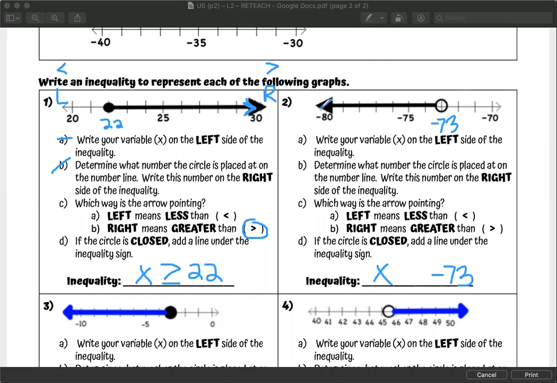So our arrow is right here. Remember, left means less, right means greater than. So our inequality symbol is on the left, it is less than. Then last, so we did A, we did B, we did C. Is it closed? Nope. So we're going to leave it as just less than.